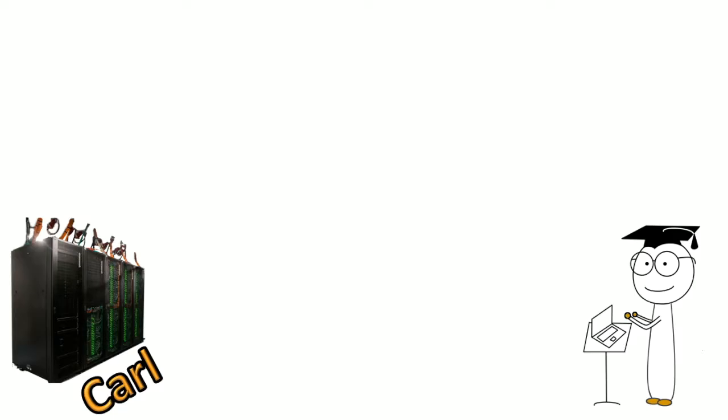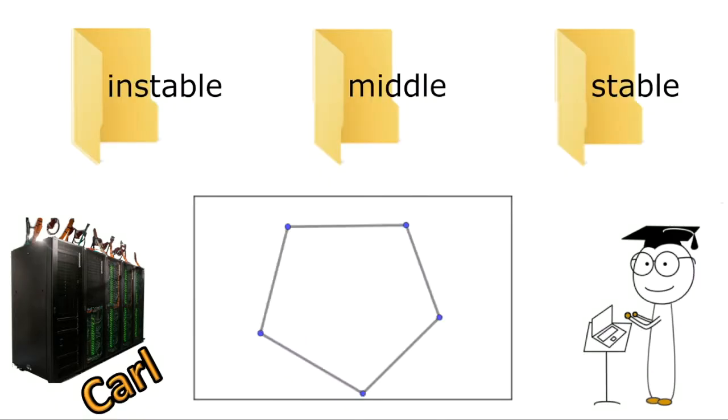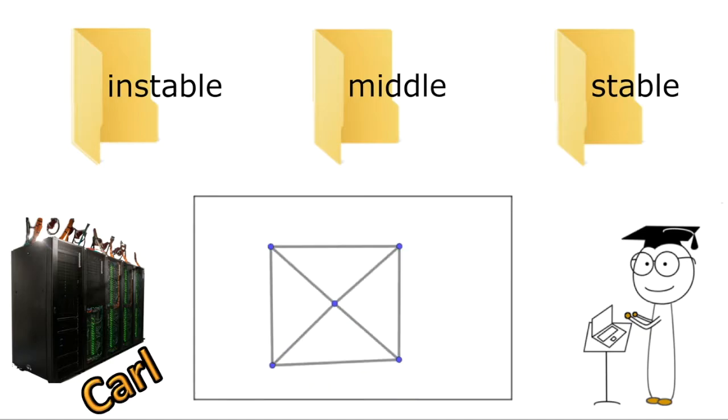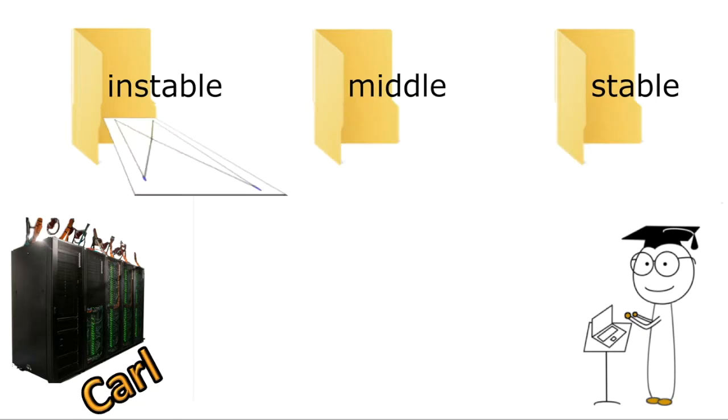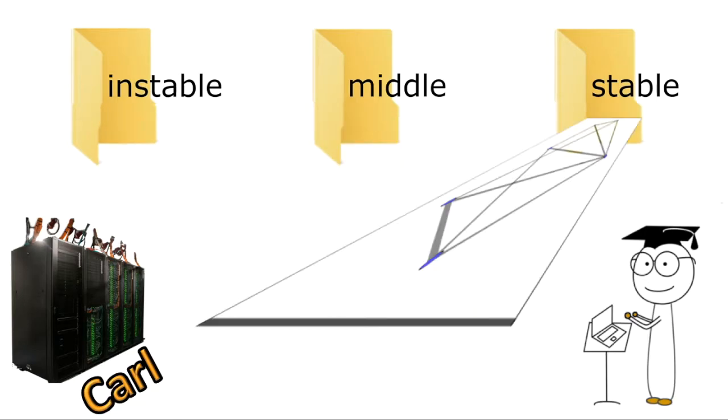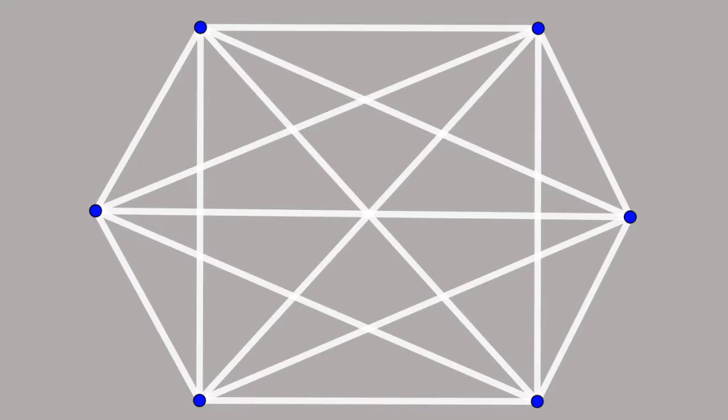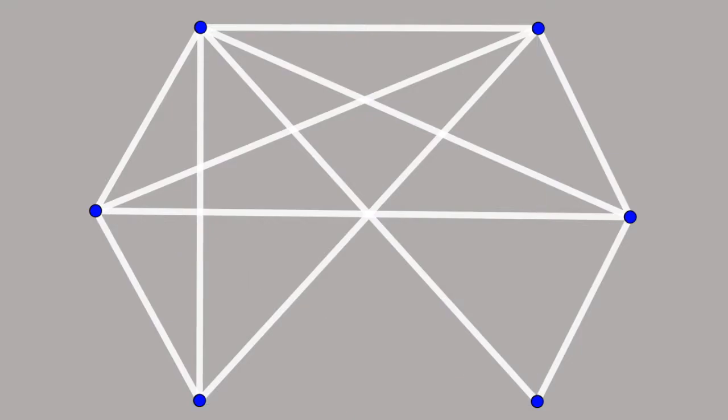With this computer, he simulates different grids, investigates their backup capacity, and classifies them into the categories stable, middle, and unstable. The most stable is a grid structure in which everything is connected to each other. This is very expensive and complicated. Alex has now found out that structures with fewer connections are almost as stable.